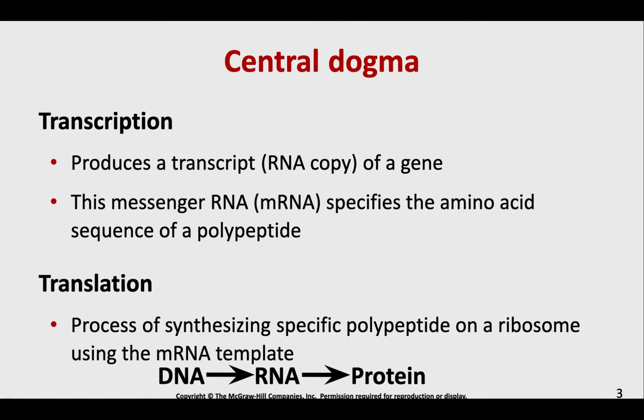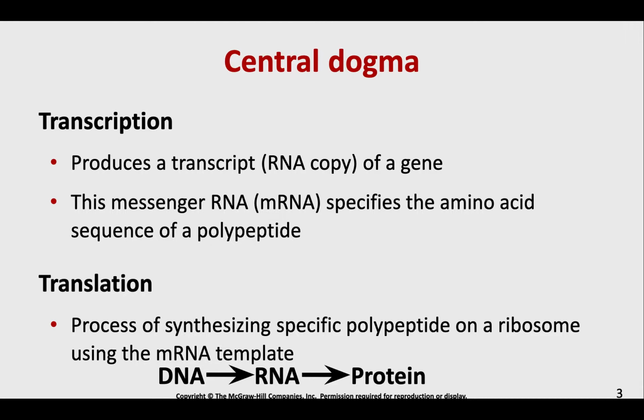And that brings us to the central dogma. You've probably heard this before. When you hear this term, we are referring to the process of transcription and translation. In transcription, we are looking at a piece of DNA, and we are transcribing that into an RNA copy, specifically mRNA, or messenger RNA.